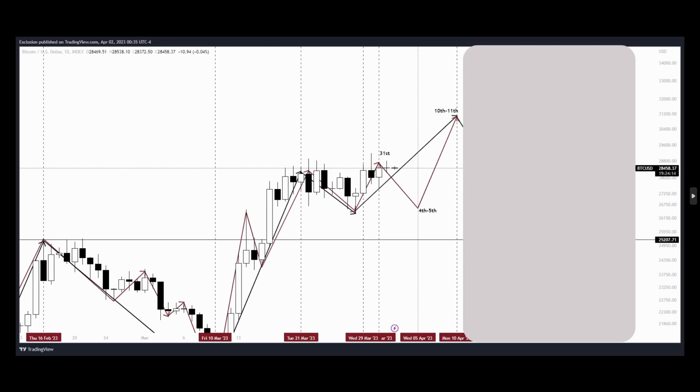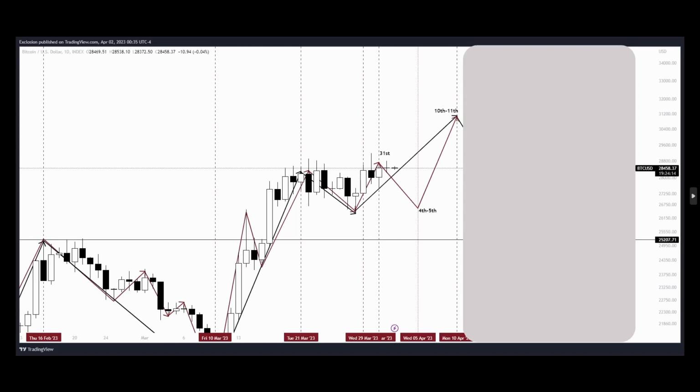I think let's start. First of all, there are black and red lines on the screen. The black line is the midterm cycle, and the red line is a shorter cycle than the black line. I use these two cycles together, and they work together.